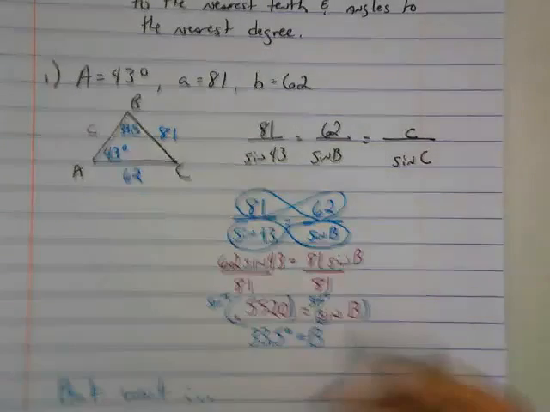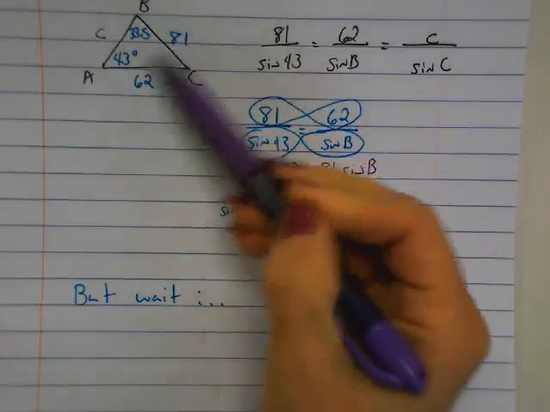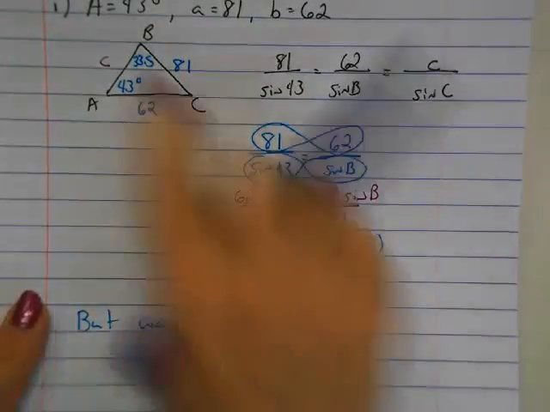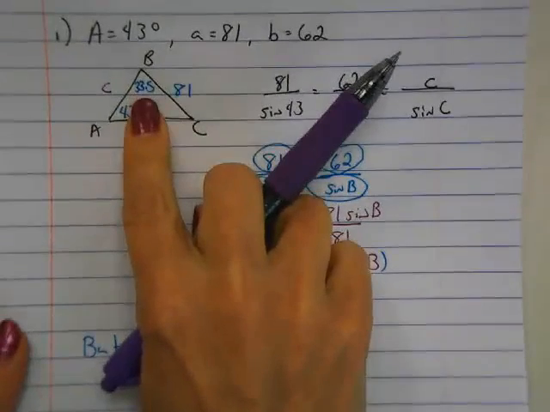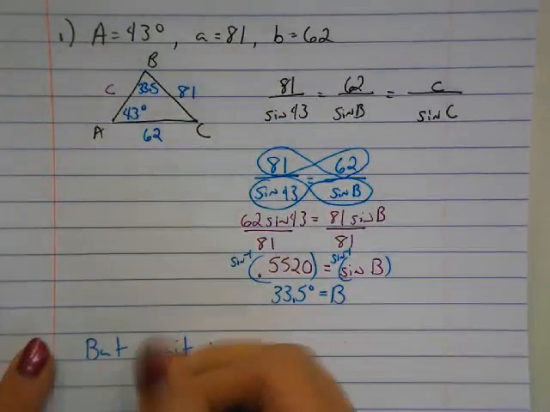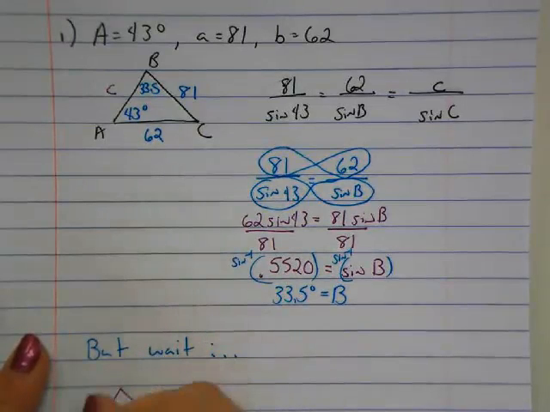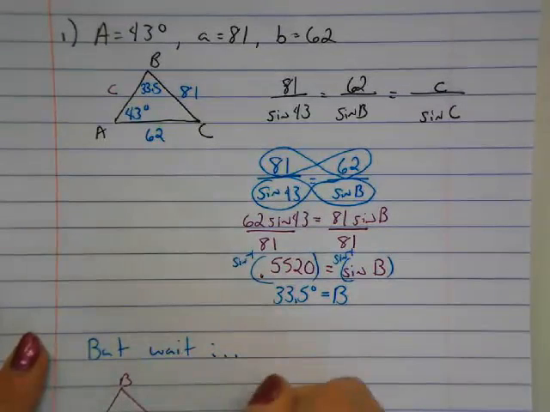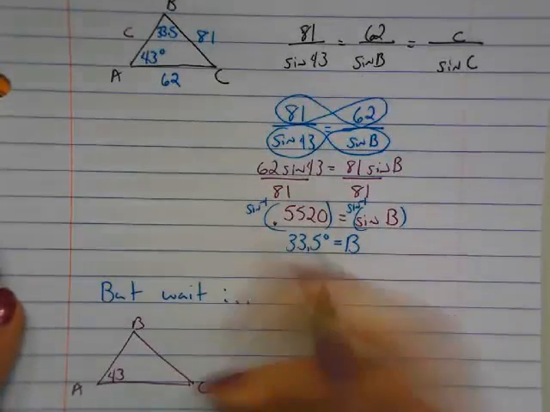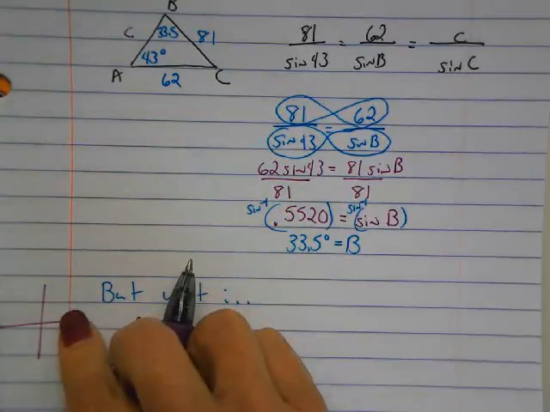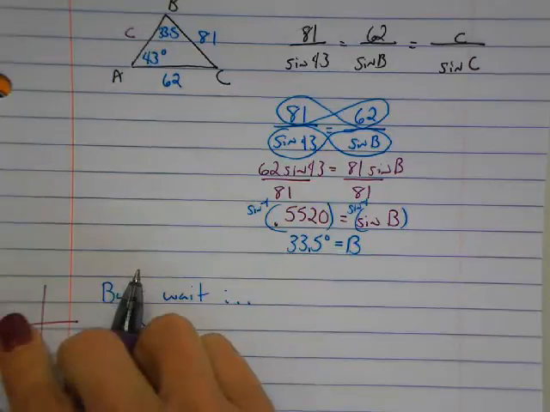What if this was an obtuse angle? Isn't sine positive in quadrant 2? So isn't it possible that that angle would be in quadrant 2? If I have another triangle where B is obtuse, in quadrant 2, and I have a 33.5 degree angle here, how would I get this angle in quadrant 2?